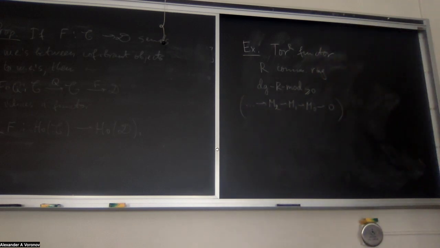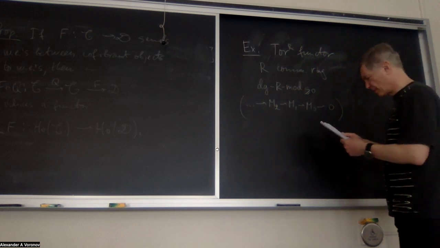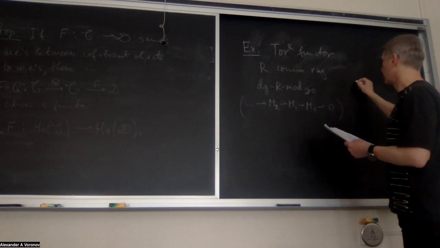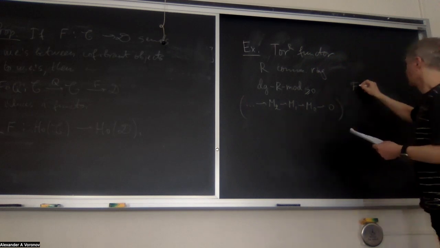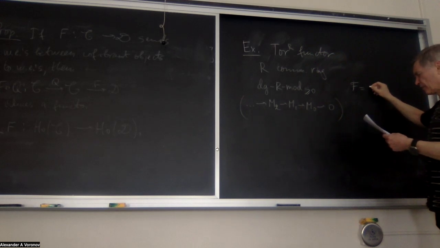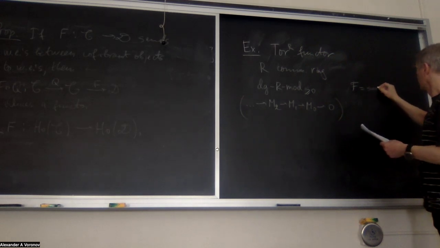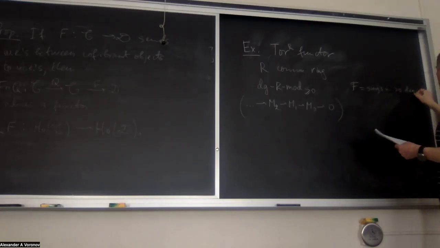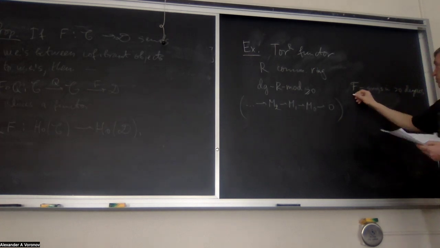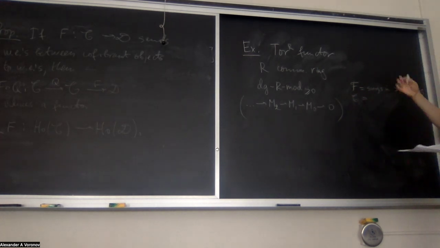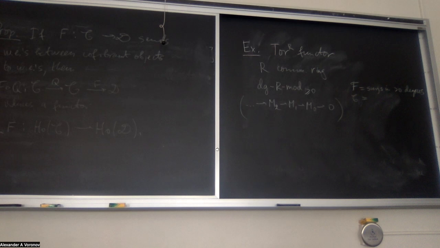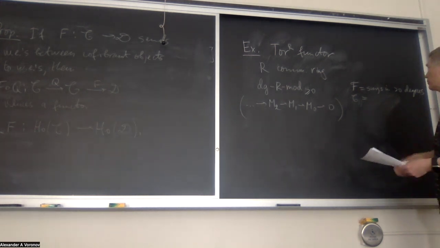And we'll induce the model category structure, the standard one, in which fibrations are surjections in strictly positive degrees. This is the simplest model category structure on chain complexes, bounded above, sorry, bounded below.